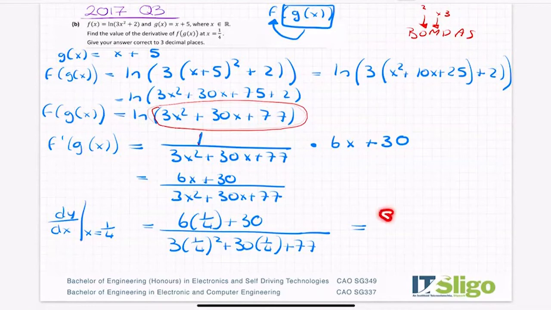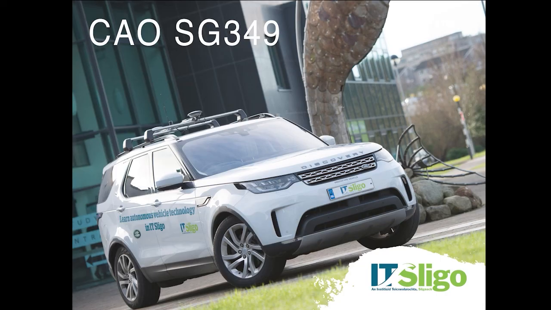And I am getting 504 over 1355, and it wants 3 decimal places, so S to D him, and I get 0.372.